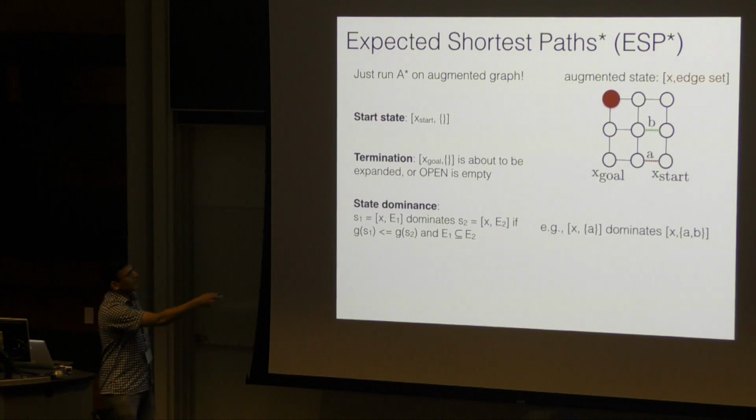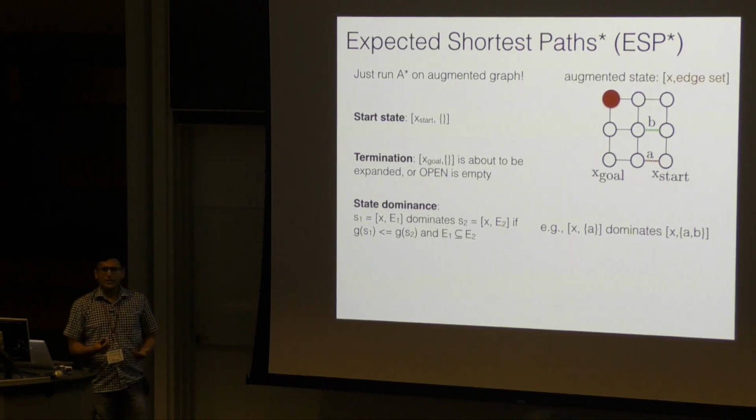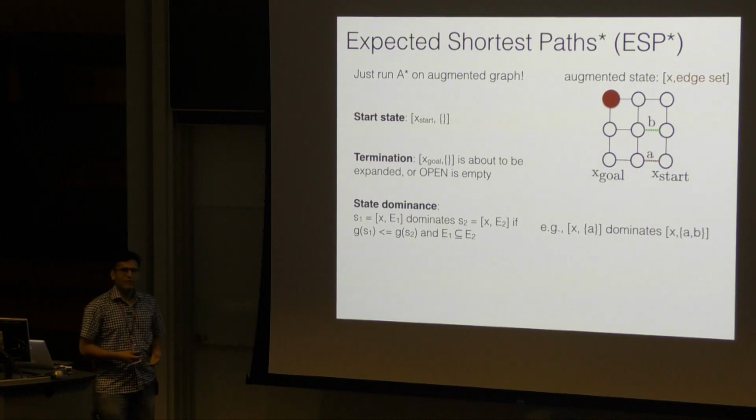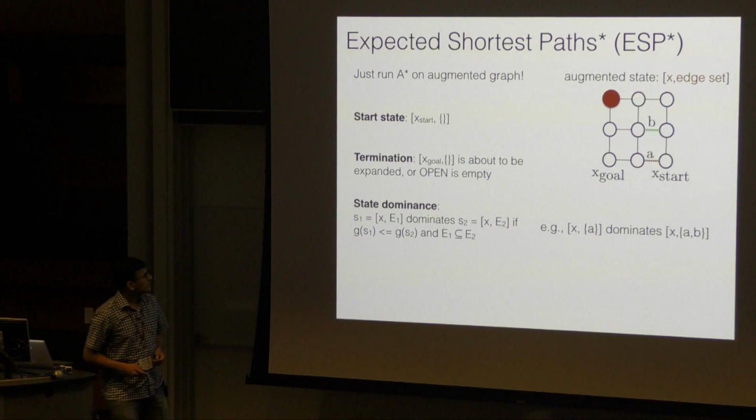To give you an example, in that particular vertex x, xA dominates xAB because it's shorter, and the set A is a subset of set AB. So we would never have to generate xAB. And so that's where we're going to get all the computational efficiency from, and hopefully not have to enumerate all of the exponentially many augmented states, right?